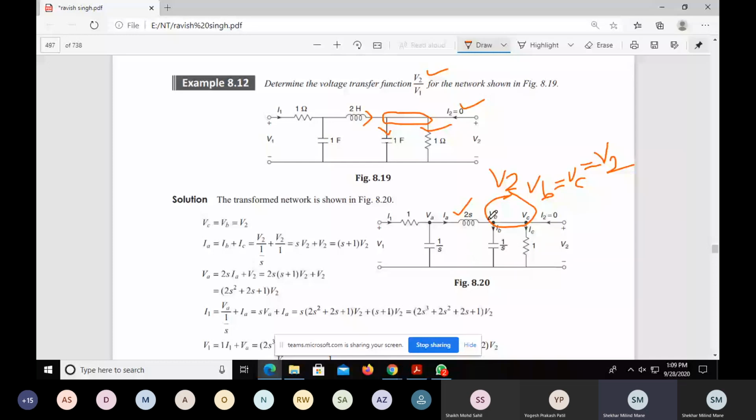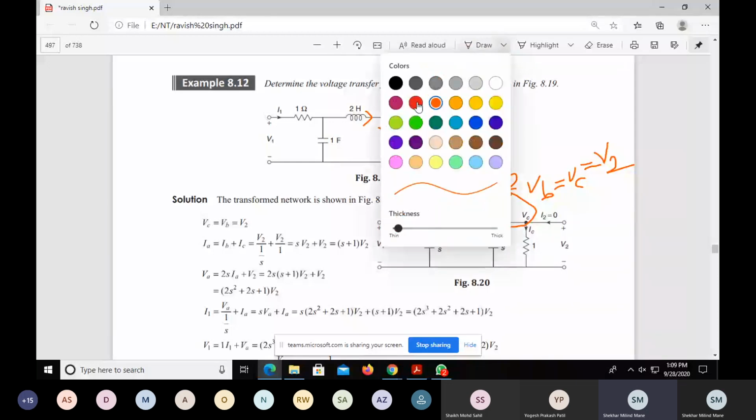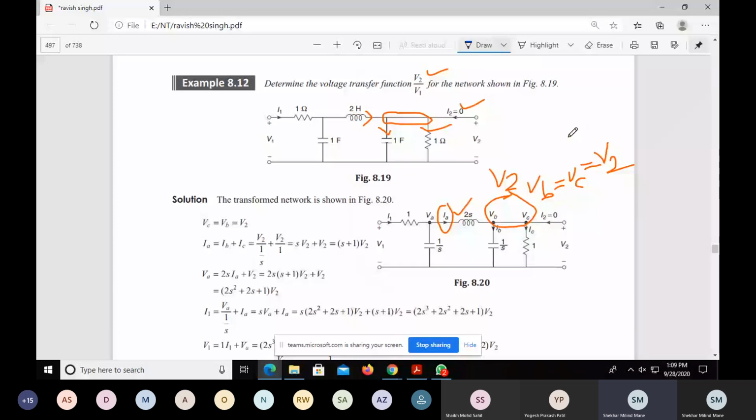Now we have to find IA in terms of V2. IA is nothing but IB plus IC. If you apply KCL at this node, then this is IA, this is IB, and this is IC.